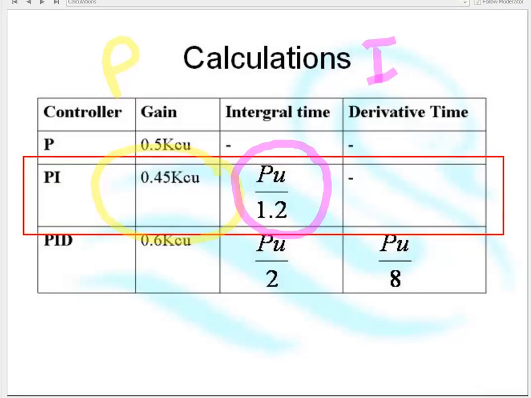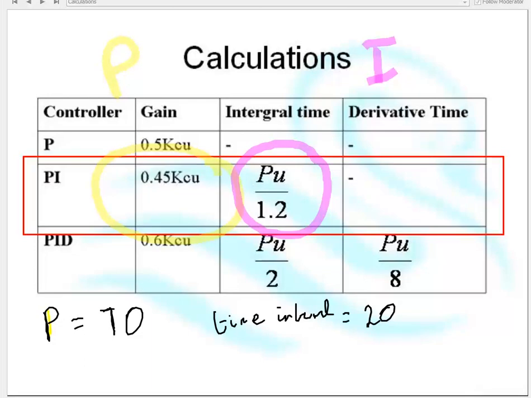So, quick example. If I had this nice and oscillating, and my gain at time of oscillation, P equals 10, so I had a P value of 10, and it was oscillating like a beauty, and the time interval was 20.